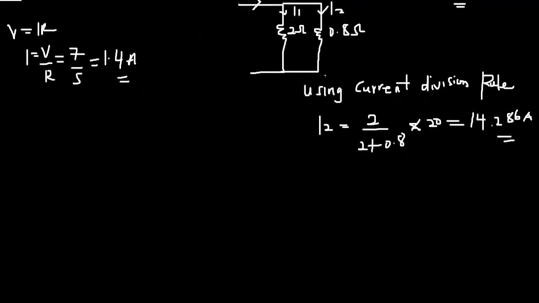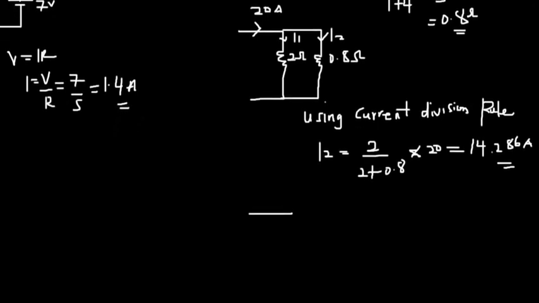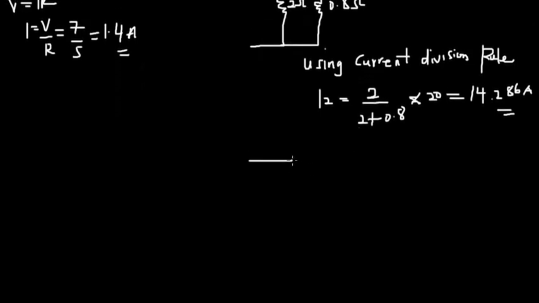In order to find I3, this is how we redraw the circuit. We begin from where we have I2. So this is how you draw the circuit, with this coming in, with this resistor, and then this resistor.